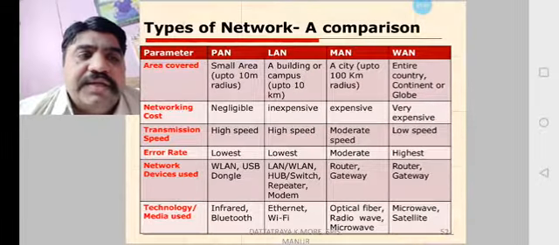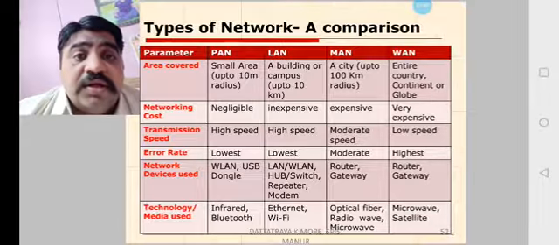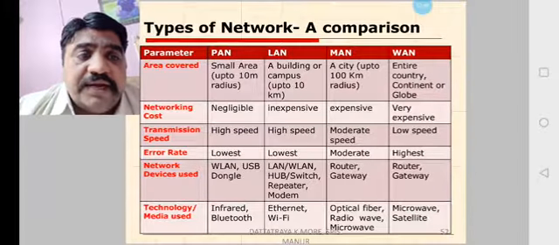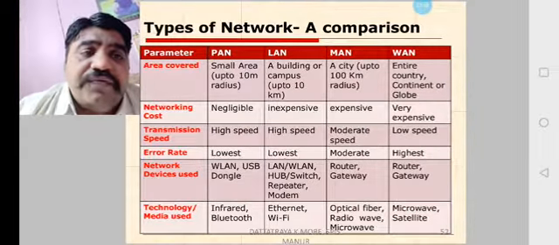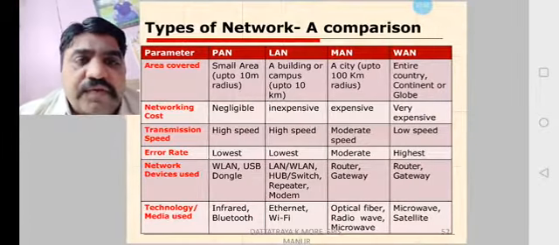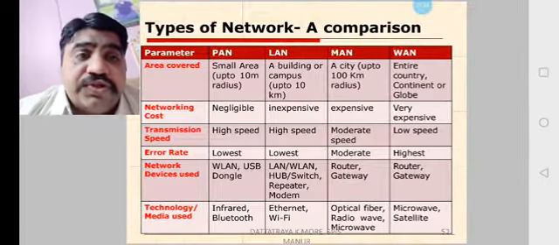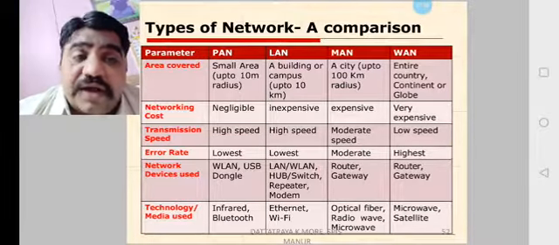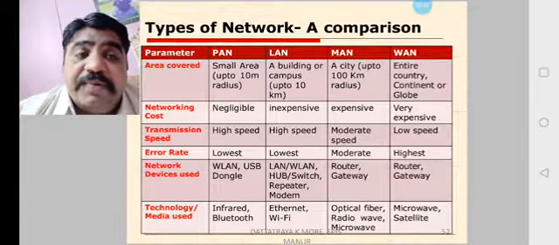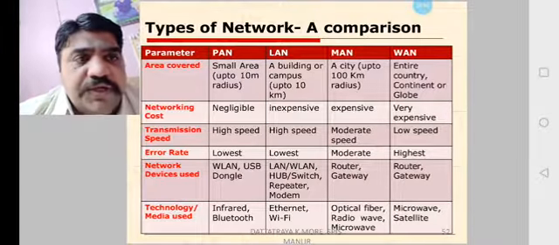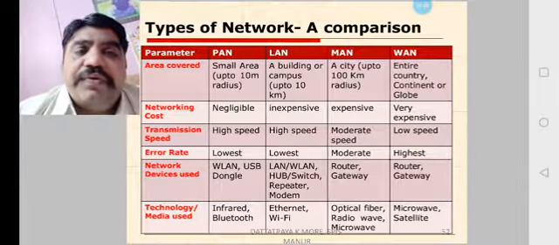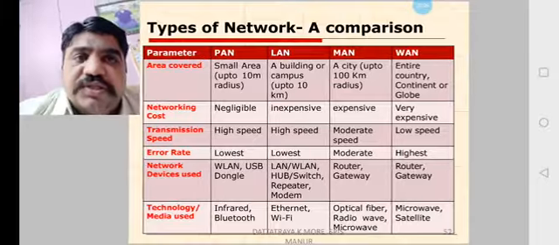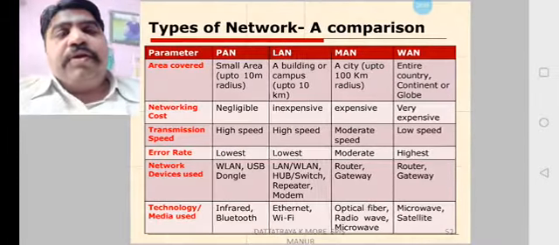Router is for giving a particular route, setting the easiest path, and gateway is for connecting two different types of networks. Technology media used: for PAN, infrared and Bluetooth. LAN, Ethernet and Wi-Fi. In MAN, optical fiber, radio waves and microwaves can be used, and in WAN, microwave and satellite can be used. So this is the small comparison table.